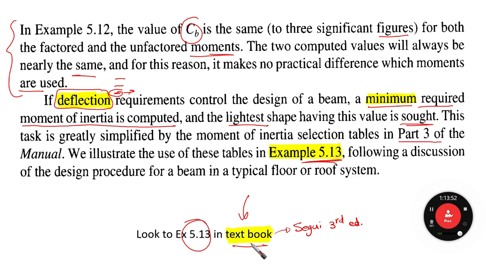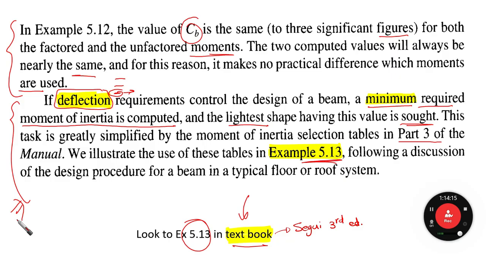I'm not going to explain it, but you can find it in the textbook, and the information there is pretty similar to what we have explained before, but it is good practice for you to know how to design the beam in this rare case where deflection is going to control. Okay, but as I said many times, this is not the common case.